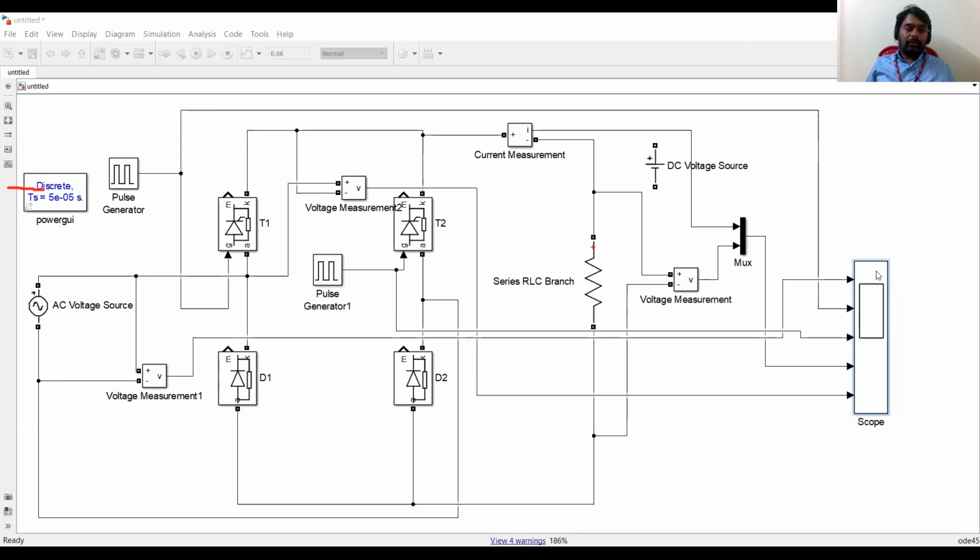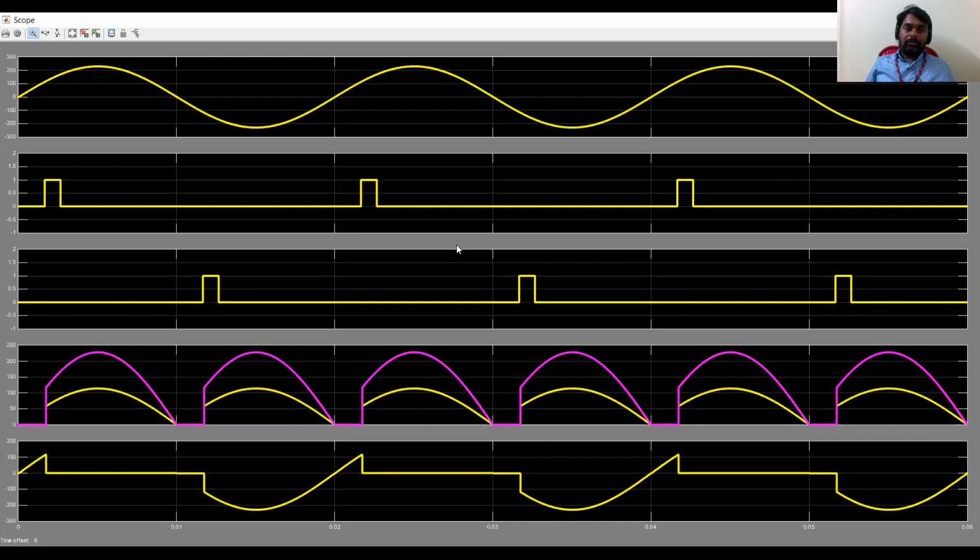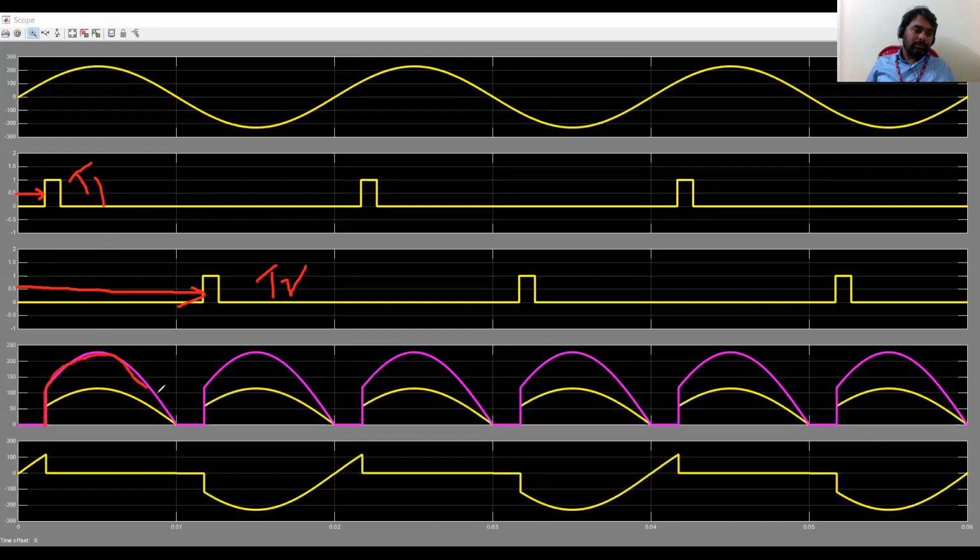All right. So here you can see it is alpha equal to 30 degrees. It is alpha equal to 30 plus pi, which is for T2 and T1. And here the output voltage is starting from this point.